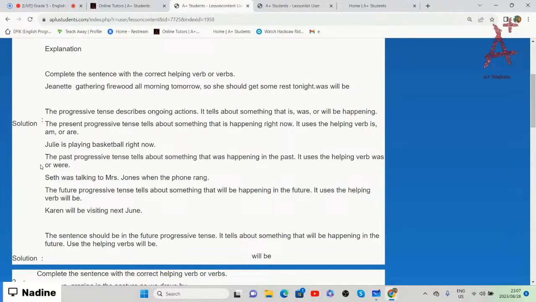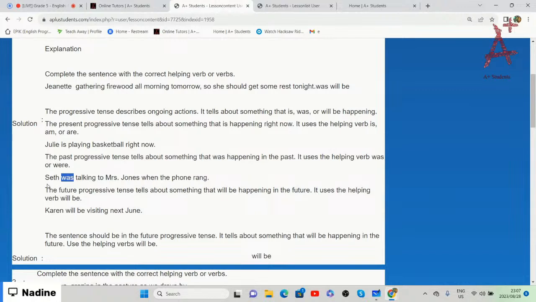An example is Seth was talking to Mrs. Jones when the phone rang. Which means that Seth is singular, alone, and he was talking to Mrs. Jones. If we had to say Seth and John, then the helping verb would have changed. Then we would have said were.